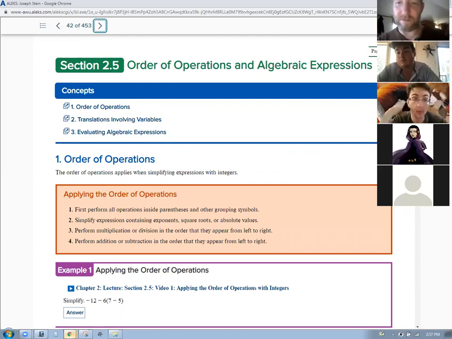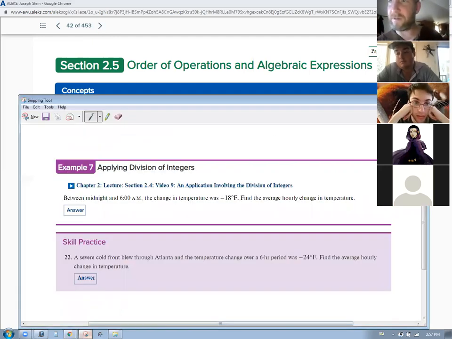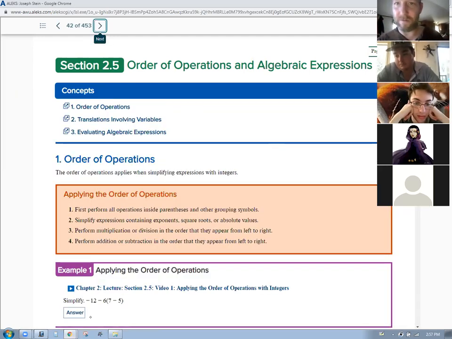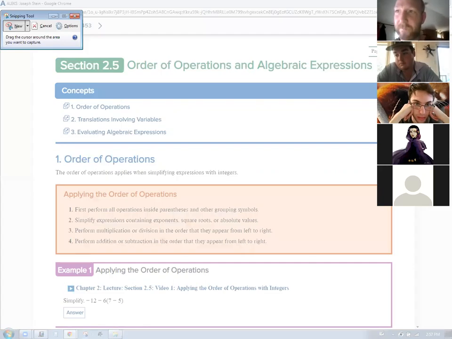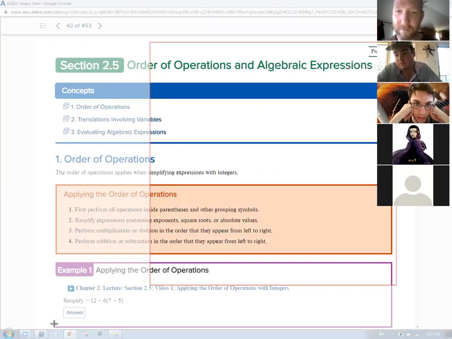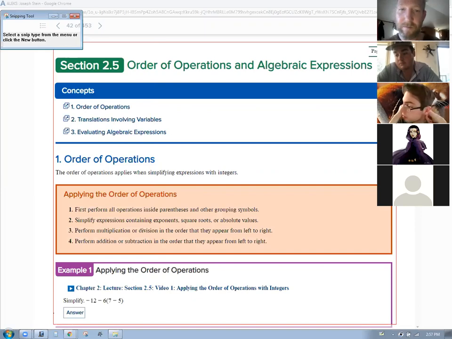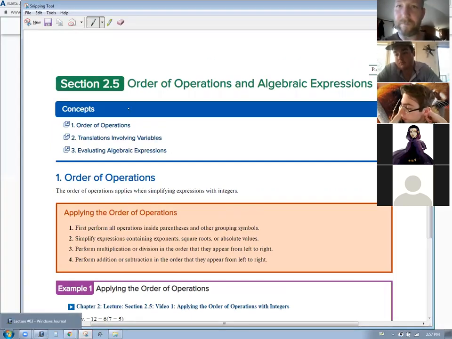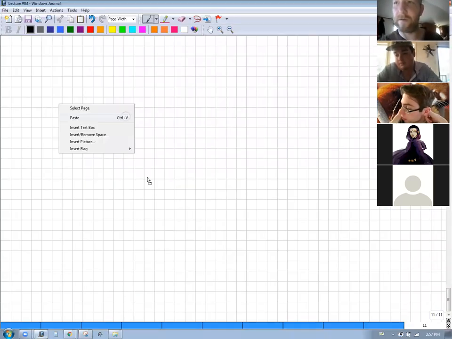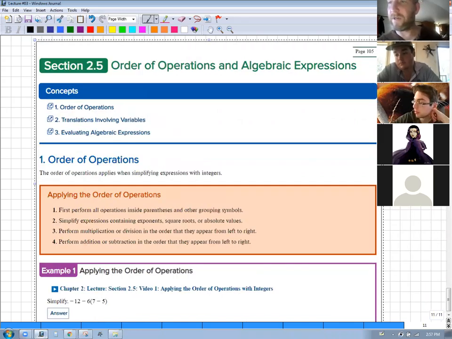All right, let's get a snapshot. I hit the button. All right, page 105.